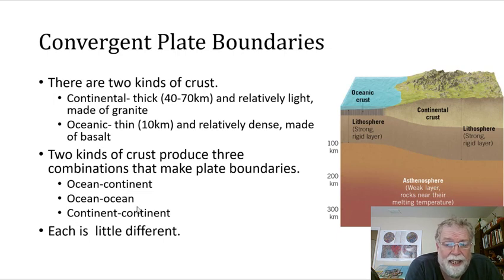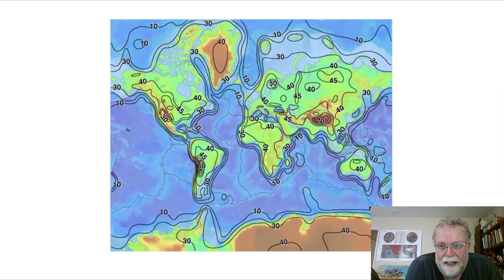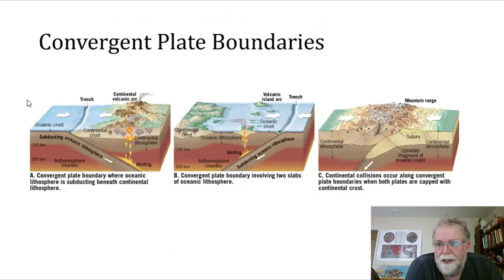Each of those is a little different. They produce a little bit different tectonic setting, right? And so we can see the three of them pictured here, where you have oceanic crust meeting continental crust, oceanic crust meeting oceanic crust, and then continent meeting continent. Okay, so let's take a look at each of these. Like I said, they're each a little bit different.